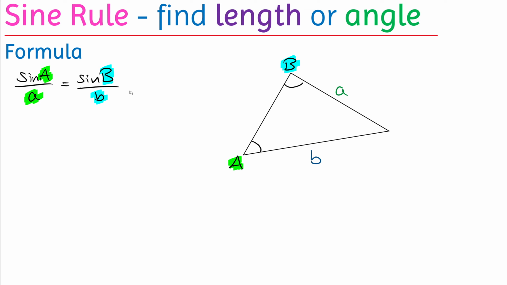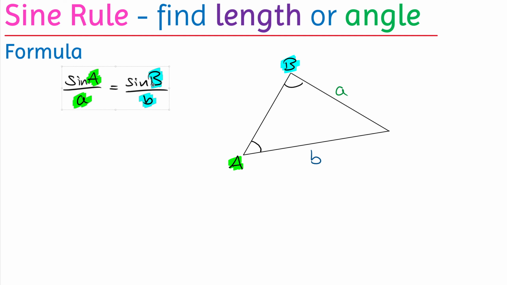We're always going to be in a situation where we've got two pairs of angles and sides, and we're going to know three of those things, and we're going to use that to work out the fourth. Now, this version of the formula here, where we have the angles as the numerators, is the version that's best for us to find an angle.